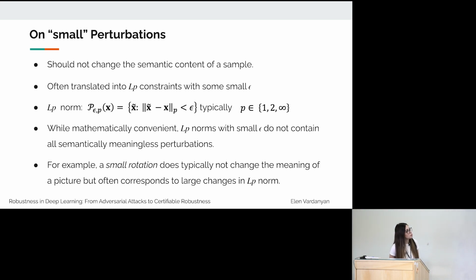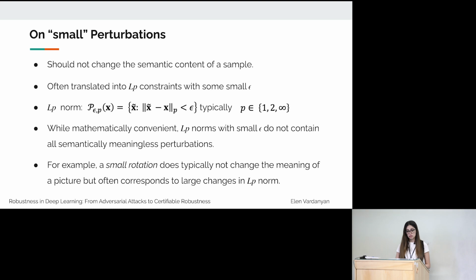Okay, on small perturbations: how small is small, and how do we define that? Again, these perturbations should not change the semantic content of the sample, and are often translated to Lp constraints with some small epsilon.